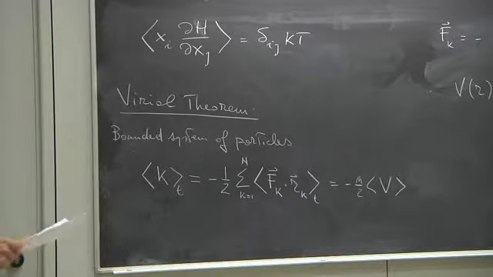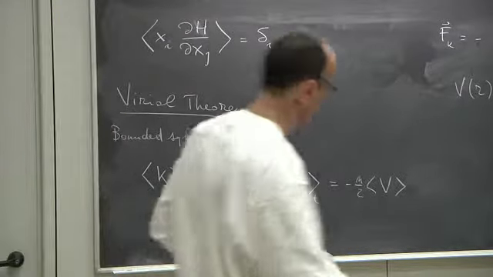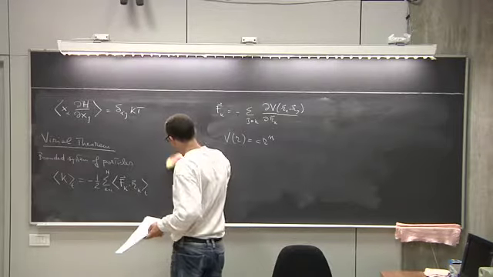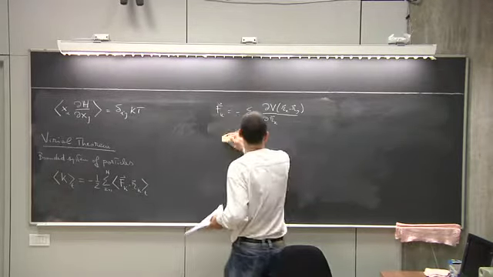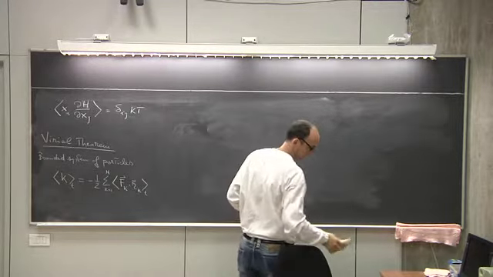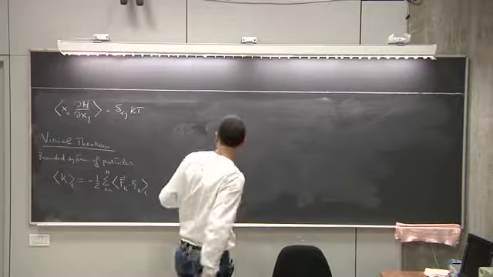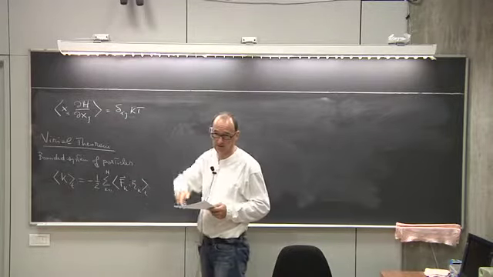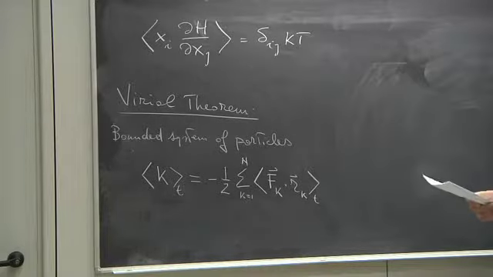However, the point I want to make here is that this result, the virial theorem, can also be derived as a consequence of this equation here. Why?